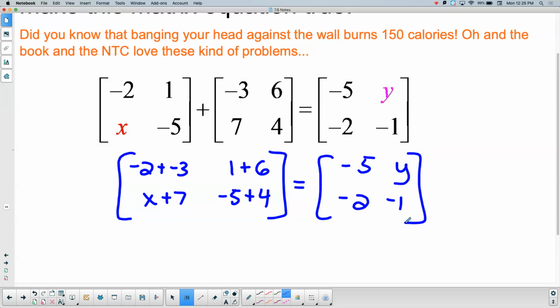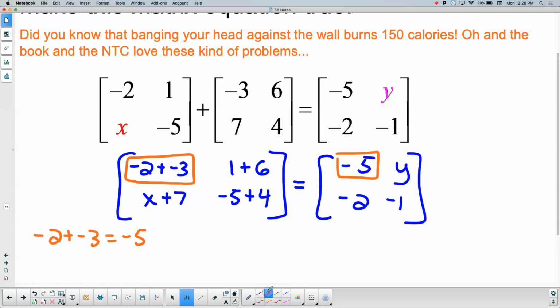Now, I've got a 2 by 2 matrix equaling a 2 by 2 matrix. So this has to equal this. Does negative 2 plus negative 3 equal negative 5? Yeah? So far we're true, right?